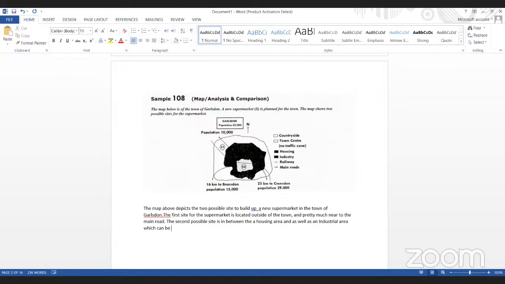which can be considered as a good place for the business, as customers can easily find the site. ලේසියෙන් site එක හොයාගන්න පුළුවන් කියලා කියනවා. හරිද?